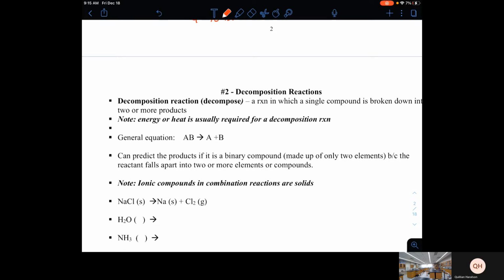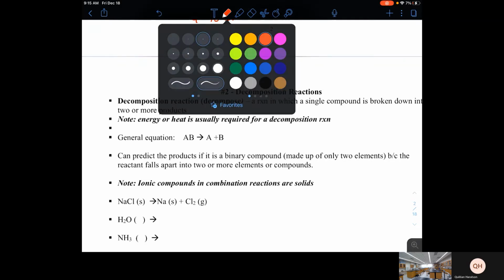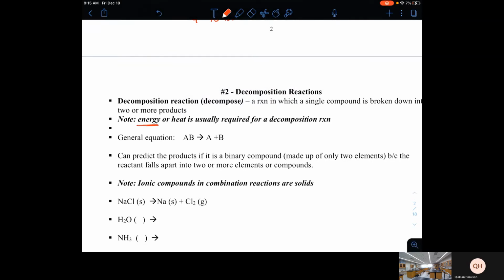Now, one of the things to keep in mind is that when it comes to these decomposition reactions, these compounds are not going to just magically break apart. They're not going to sit there and say, hey, I'm breaking apart. Instead, there has to be some energy or heat that's causing these compounds to break apart.